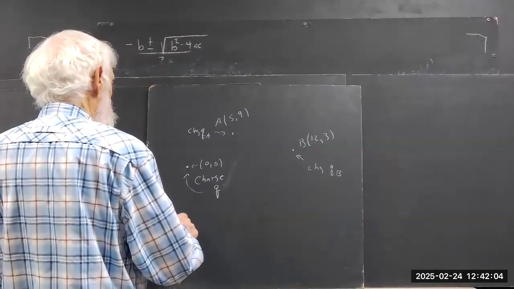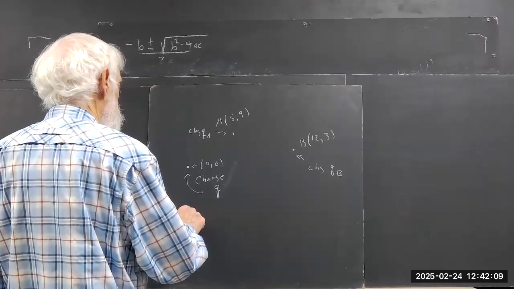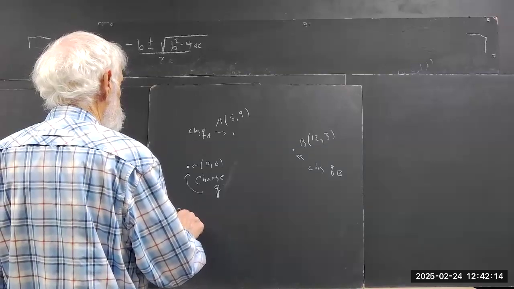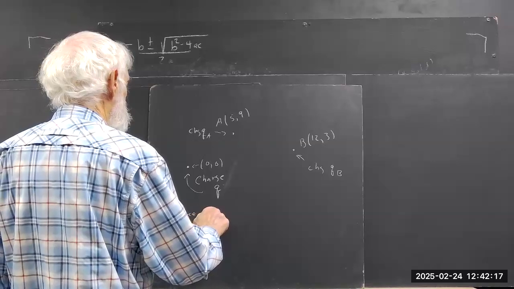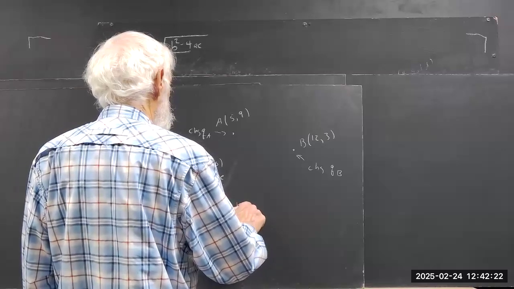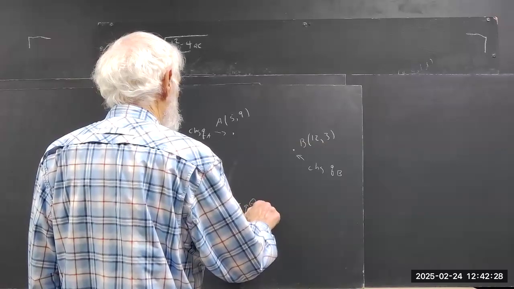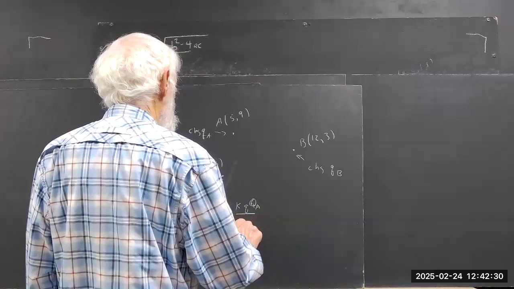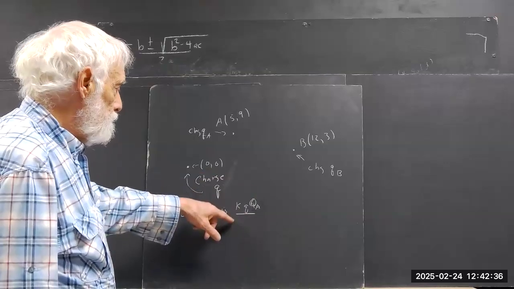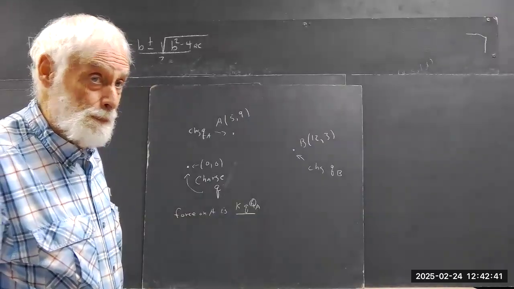So now, QA divided by the square of the distance. Well, 25 and 81 is 96.